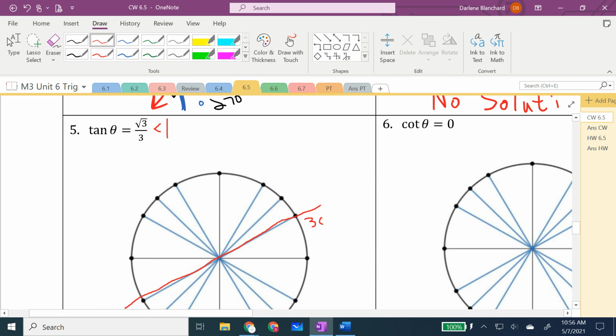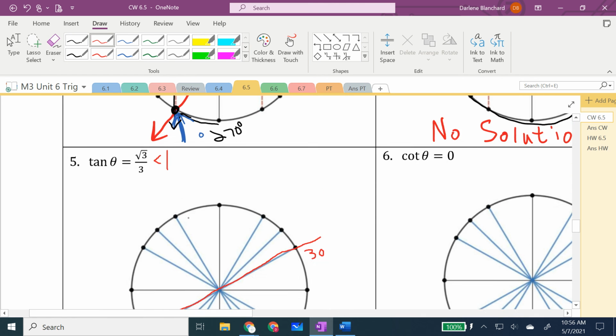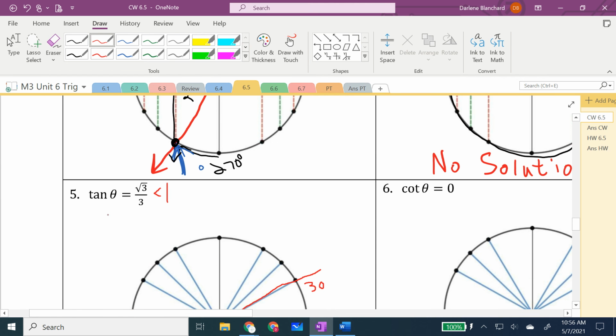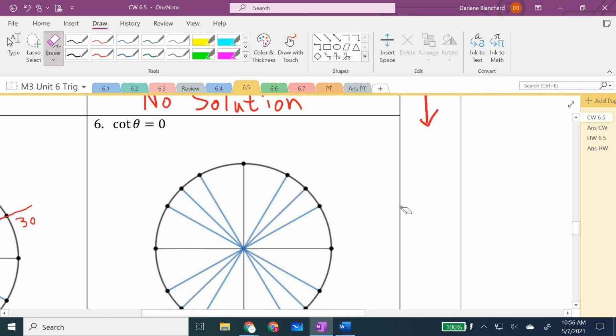So 30 degrees, and then 180 plus 30 degrees, 210 degrees. Those are the 2 angles for which tangent is equal to root 3 over 3. Where is cotangent 0?